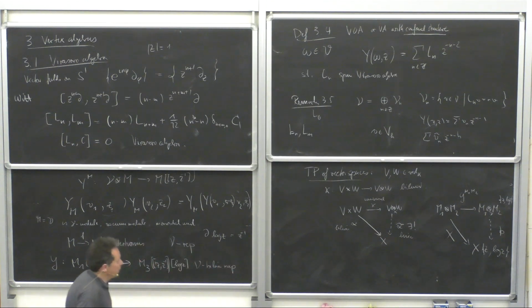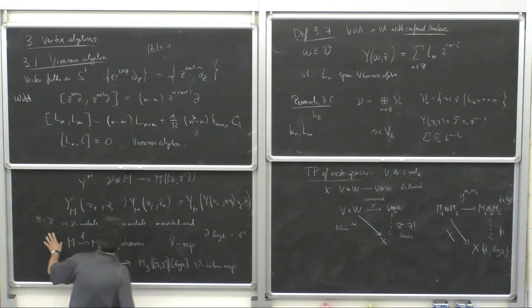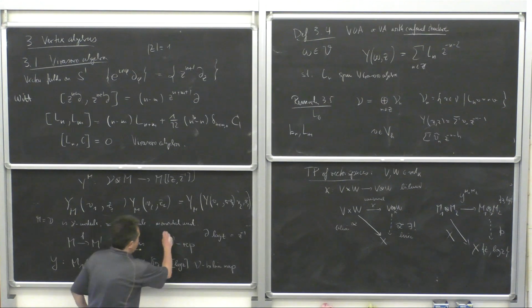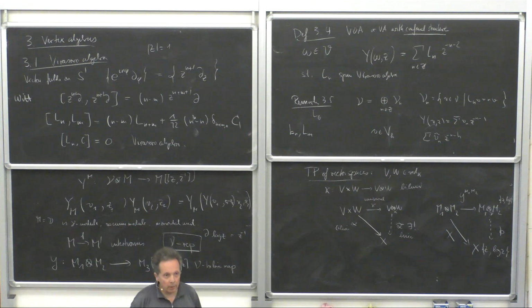Now, okay, now comes a crucial point. So we have here defined something like a tensor product of representations. And so this category here, which I introduced, VREP, will be much more than a category. It will have a tensor product.